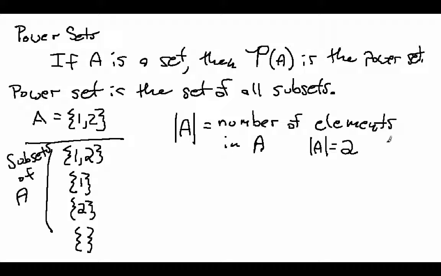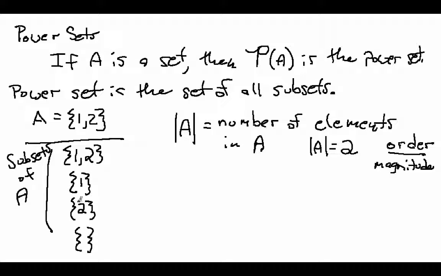Sometimes you'll hear people refer to this as the order of the set or the magnitude of the set. Okay, and a very important property here, you can see that in this case, A had 2 elements in it.